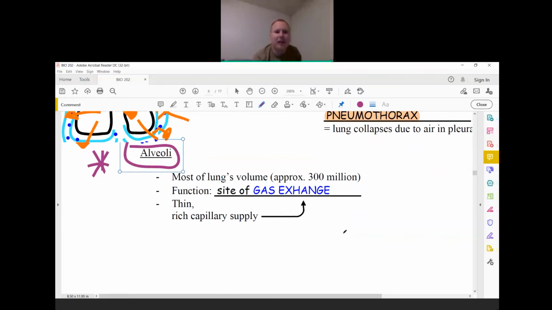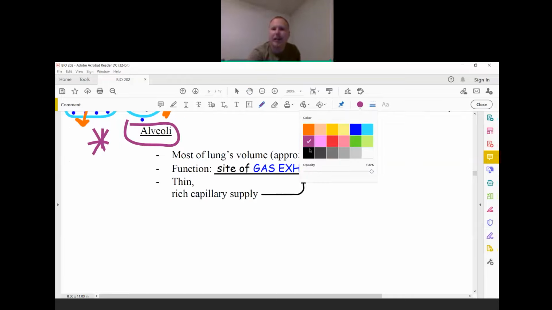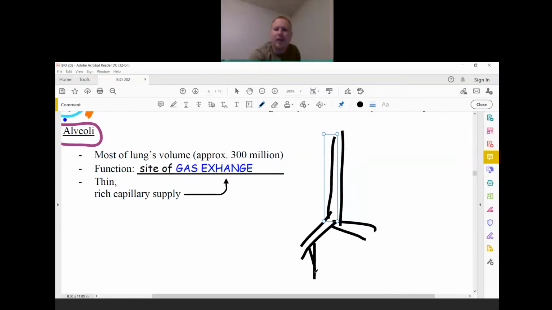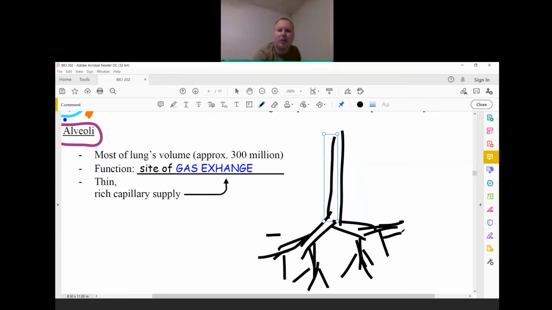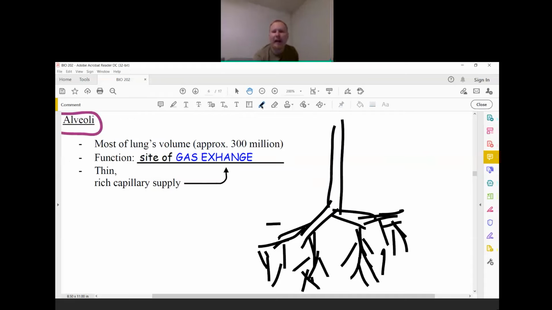Again, we think of our drawing: our trachea coming down, our primary bronchi, secondary, tertiary bronchioles, and terminal bronchioles.